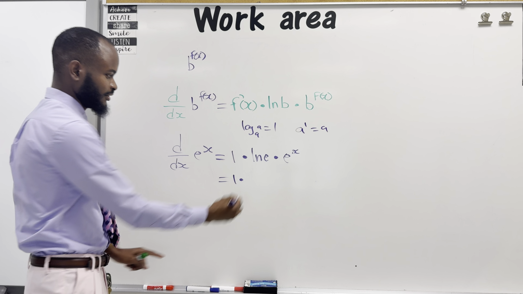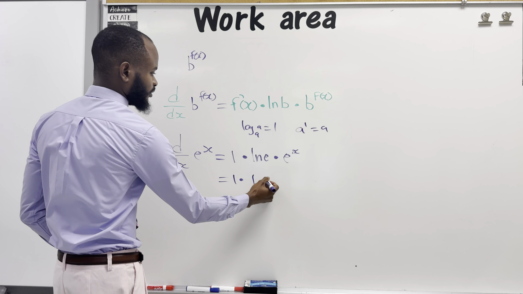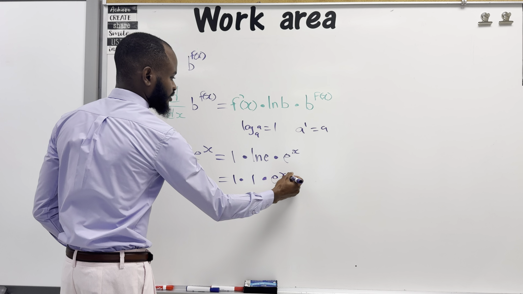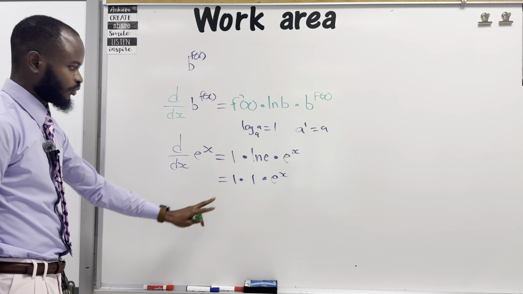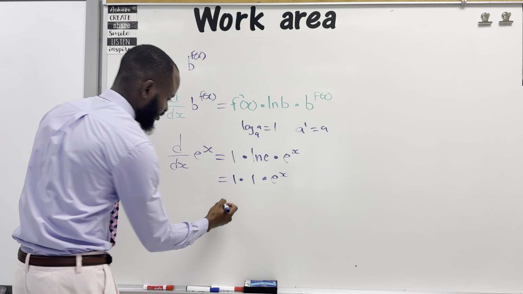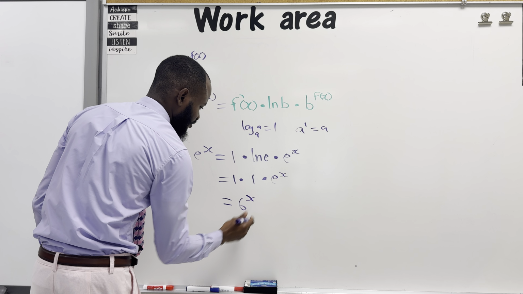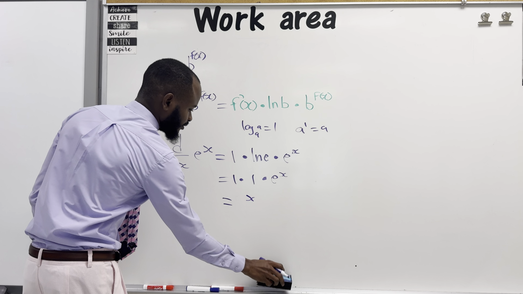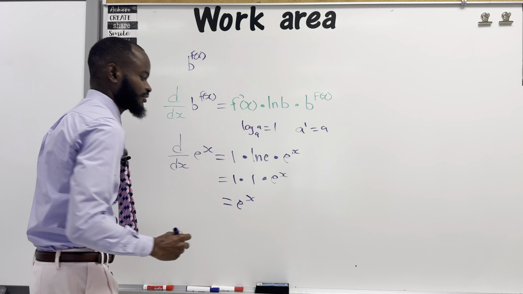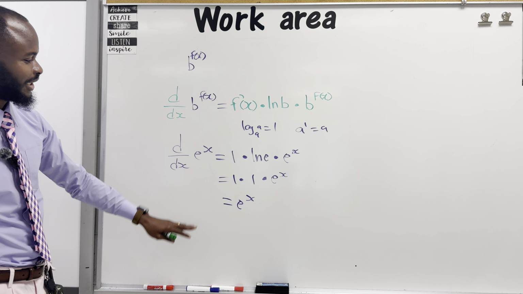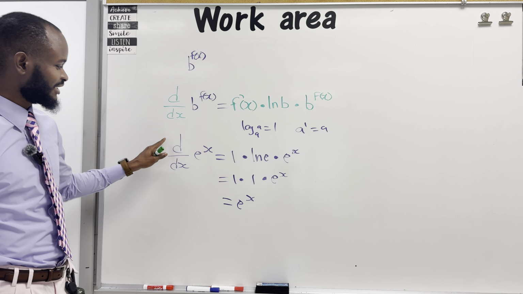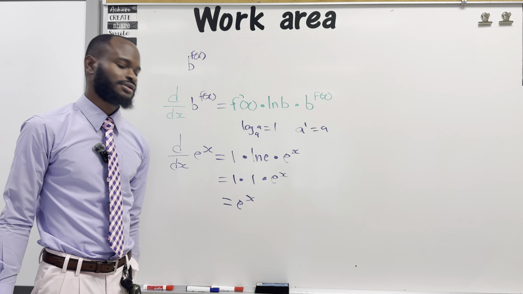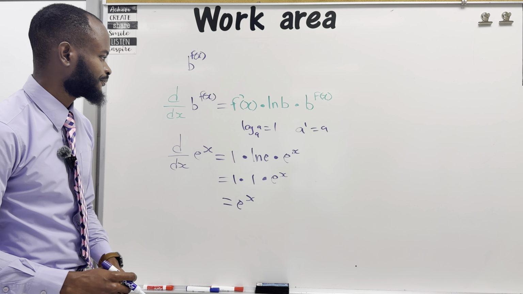So ln e is 1, and we're multiplying that by e to the x. 1 times e to the x is just e to the x. And that's why d by dx of e to the x is just e to the x.